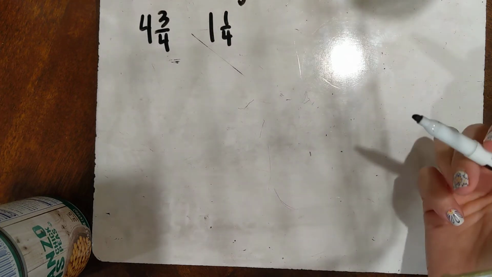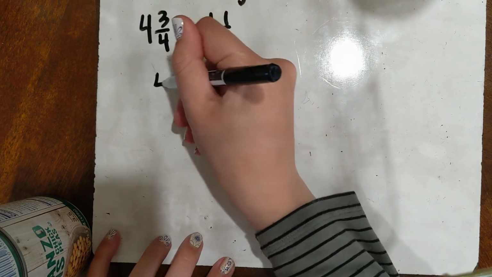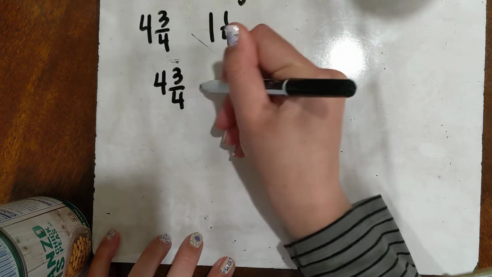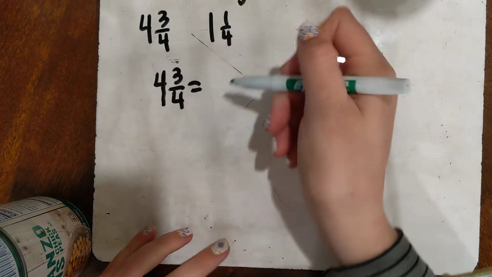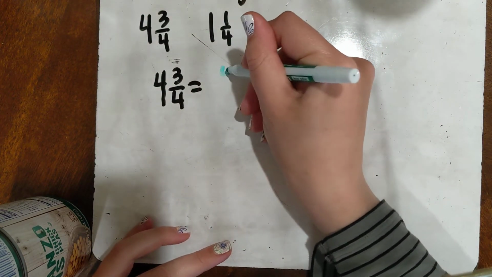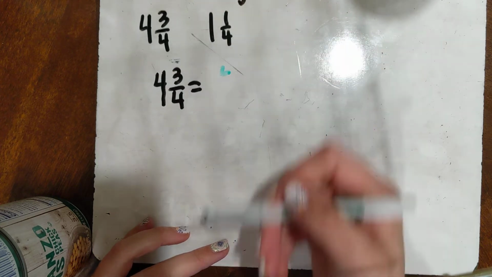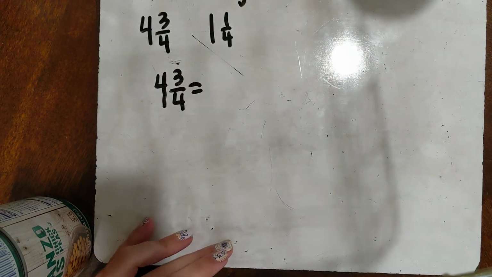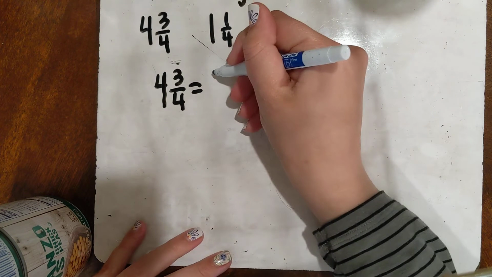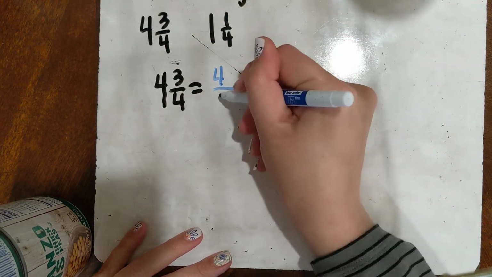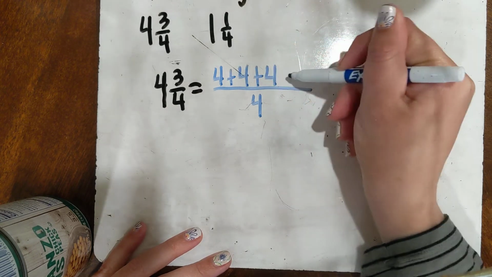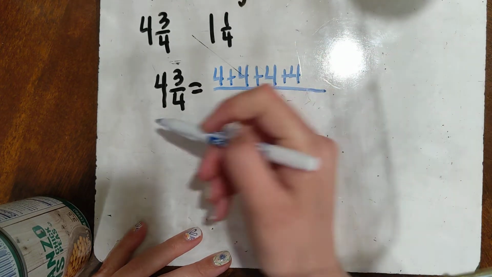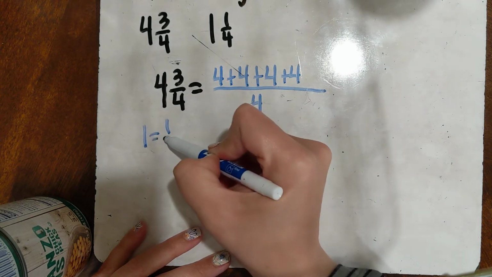Okay, so we'll write each mixed number as an equivalent improper fraction. So the 4 3/4 is going to be equal to, this 4, so each one whole, is equal to 4/4, right? So we have 4 plus 4 plus 4 plus 4, because 1 is equal to 4/4.